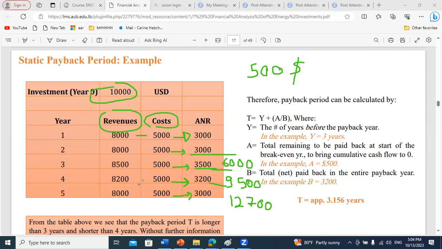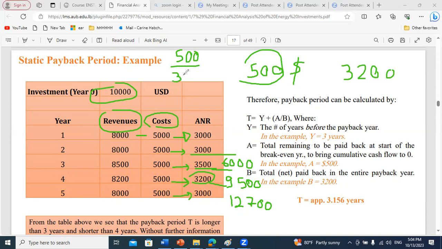And since in year 4 the overall savings are 3,200, if we consider that the gains can be divided equally in a homogeneous way over the whole year, then to cover $500 we need 500 over 3,200 years.